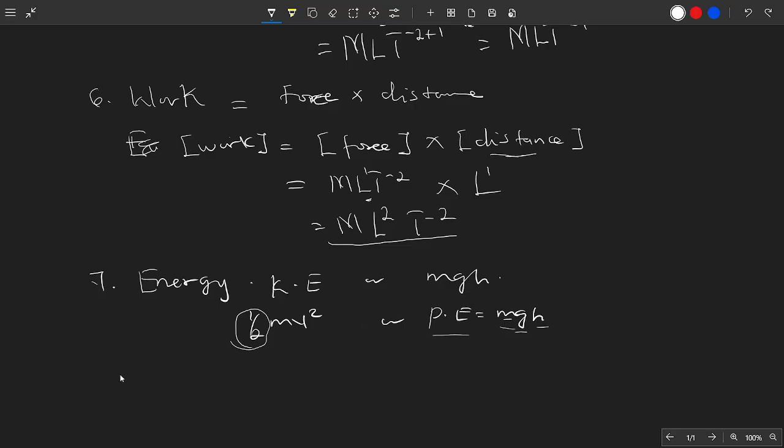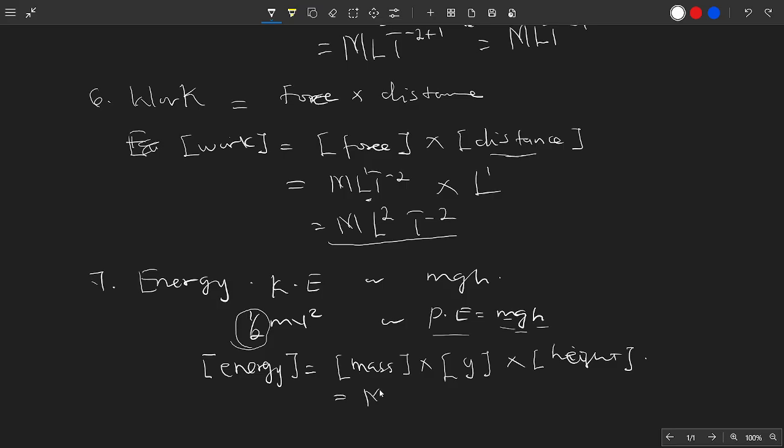So going with the potential energy, we have the dimension of energy being equal to the dimension of mass times the dimension of acceleration due to gravity times the dimension of what? The height. All right.